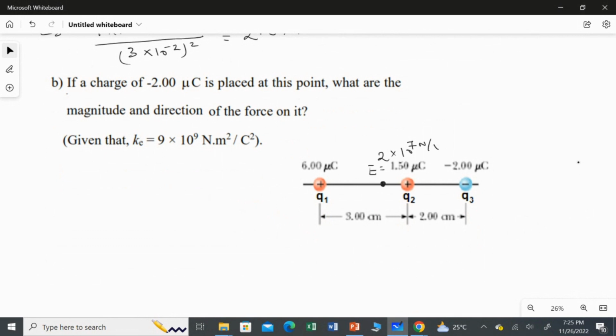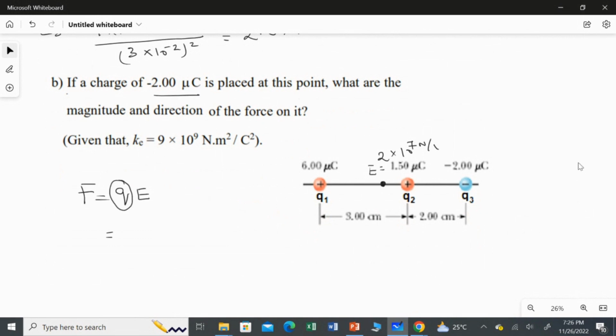What they mentioned in the second question: if a charge of minus 2 microcoulomb is placed at this point, what are the magnitude and the direction of the force? So you have to give the magnitude and the direction of the force. If you bring the charge minus 2 microcoulomb here, what will happen? This is a negative charge, and we already have the electrical field. As we already studied, what is the rule? F is equal to Q multiplied by the electrical field. The electrical field we found in the previous part. But what is the charge?